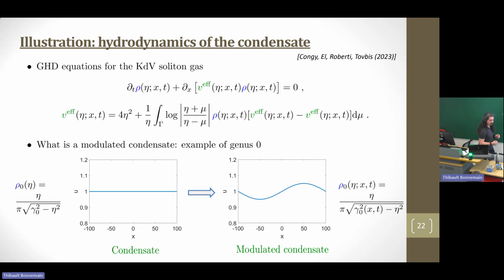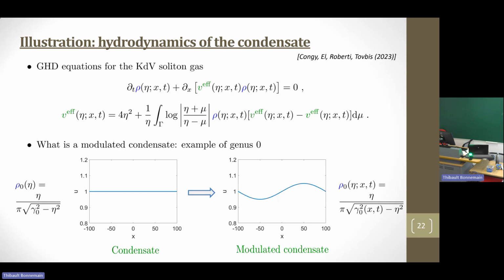And that kind of makes sense, right? Because if you have your modulated condensate like that, and you look at this fluid cell, let's say, and for simplicity isolate it from the left, then we expect that on average the fastest solitons will leave this cell earlier than the others, to the right, with a velocity that increases with spectral parameter.